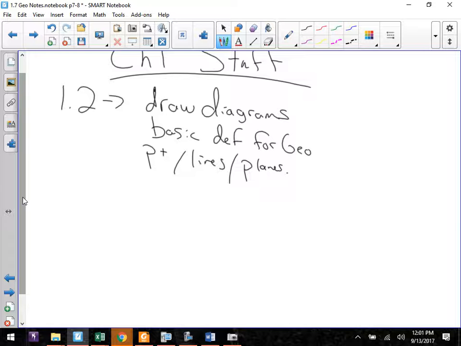The way that works is that there's some distance moving from left to right and some distance moving up and down. So the distance formula, if you start to think about it, is nothing more than the Pythagorean theorem.